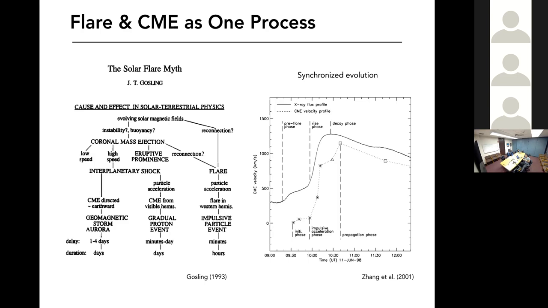But in this paper, in 1993, even though we didn't have very comprehensive observations, Gosling gave this diagram, which I think is pretty complete about the cause and effect in solar terrestrial physics.